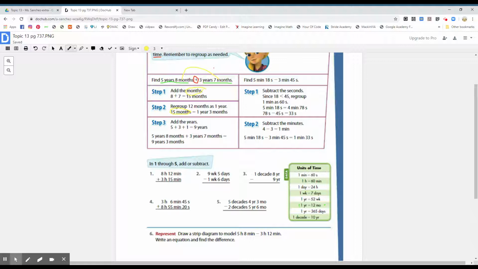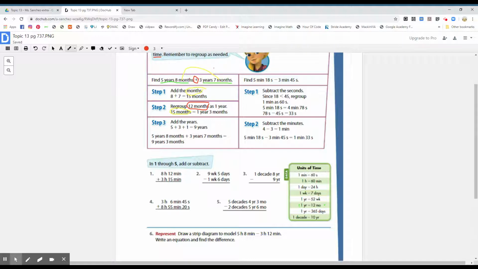So 15 months, if you look down here, 1 year is equivalent to 12 months. That's why they're saying to regroup the 12 months, because 12 months is equal to 1 year. So if we had 15 months here, you can regroup it, convert it to at least 1 year.